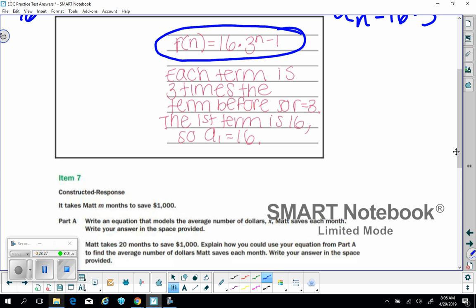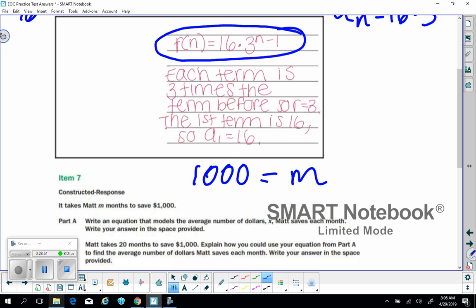In just part A, does it tell us how many months? No. And they gave us a variable, right? They said after m months, he saves a certain amount of money. How much money did he save? $1,000. Do we know how much he saved each month? No. What did they tell us to use to represent it?